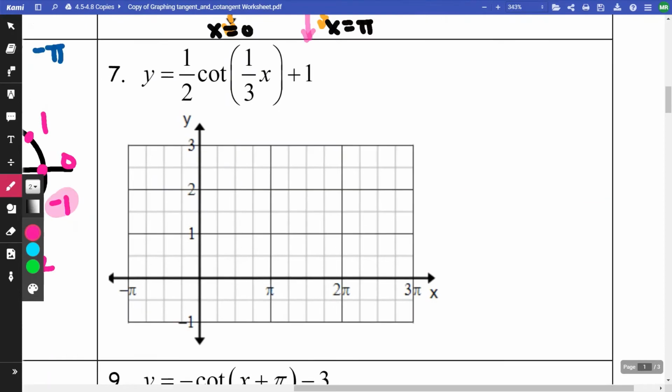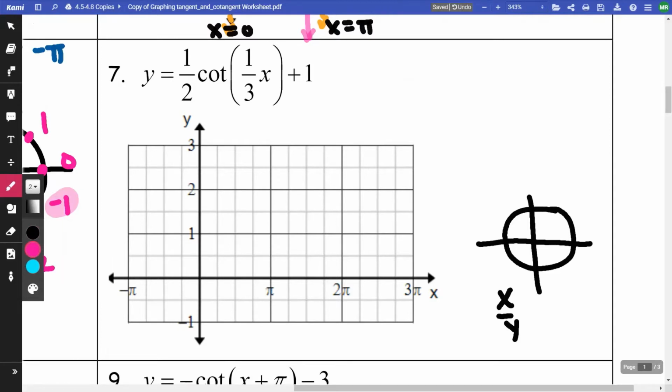On number 7, again for this, I am thinking about it in terms of x over y. So here to here, from 0 radians to pi radians, and then that's my 1, that's my 0, that's my -1.